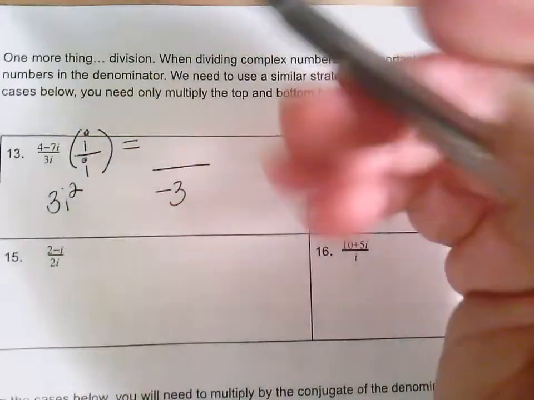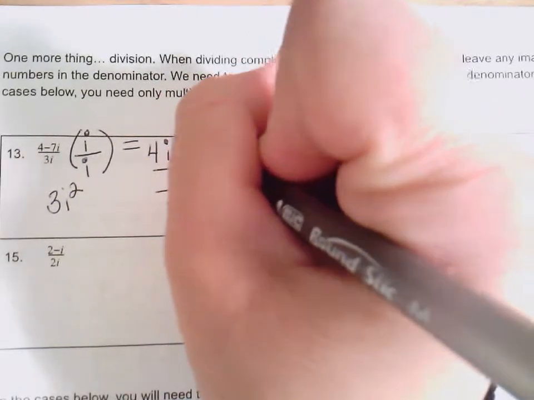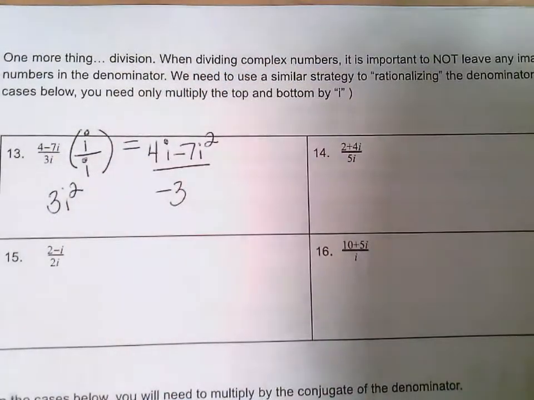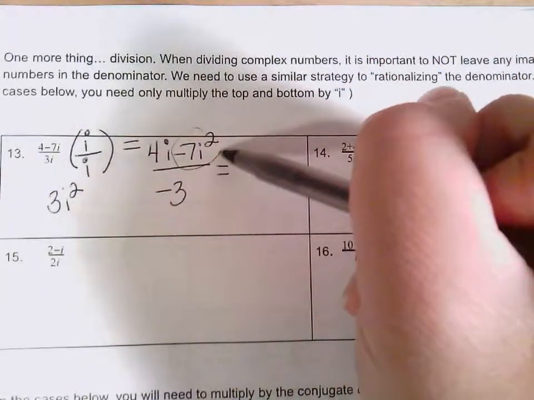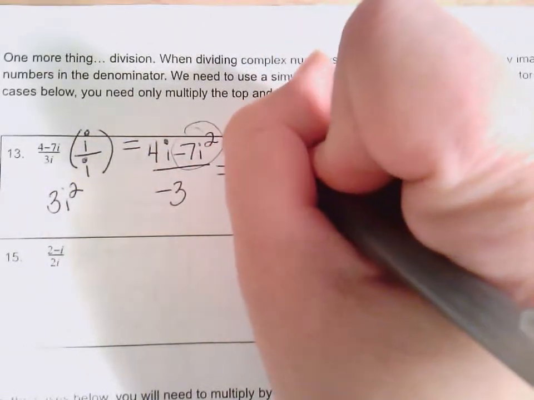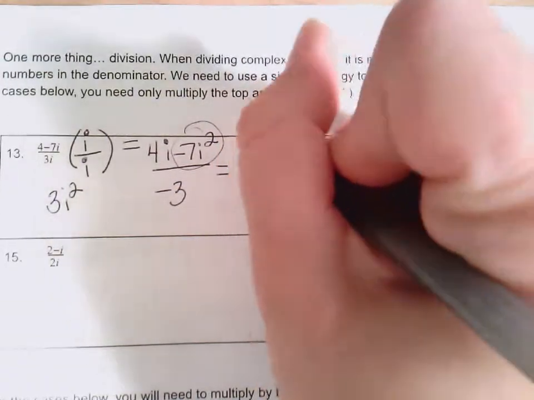In the numerator, you're going to end up with, let's see, 4i when you distribute minus 7i squared. So that's not written in standard form because negative 7i squared is really positive 7 plus 4i divided by negative 3.